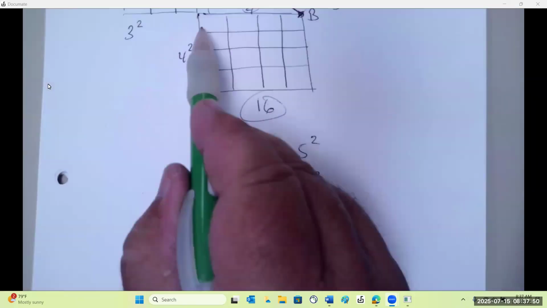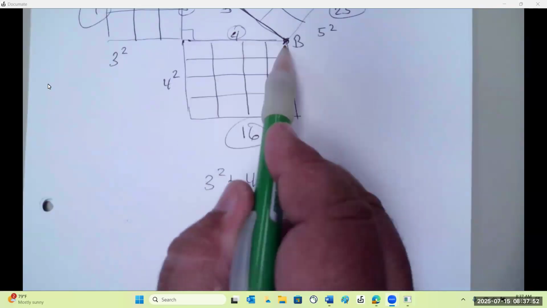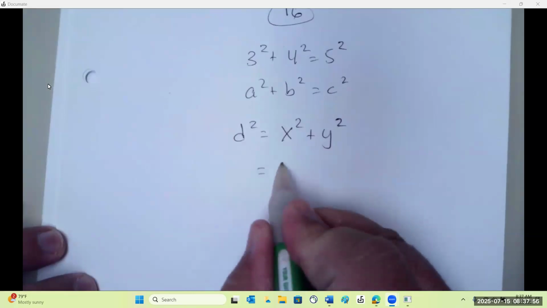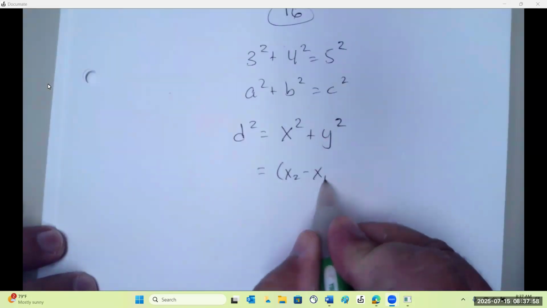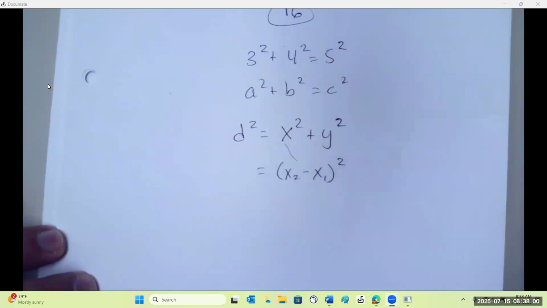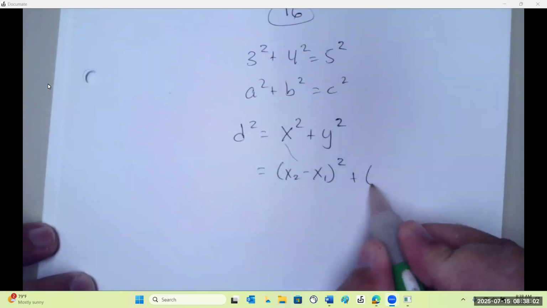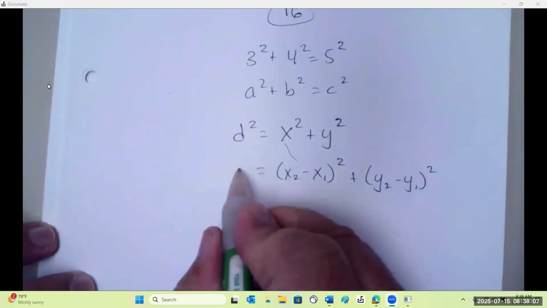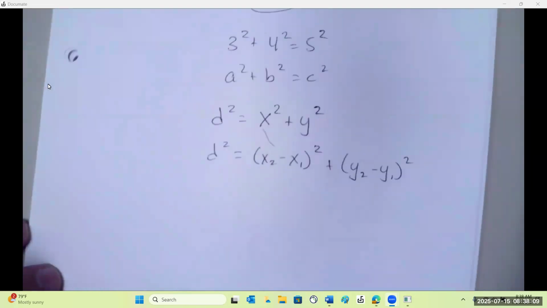Remember, it's the distance. What's the formula for the horizontal length? X2 minus X1 squared, that's what X is, plus Y2 minus Y1 squared, that's that one, equals the distance squared.